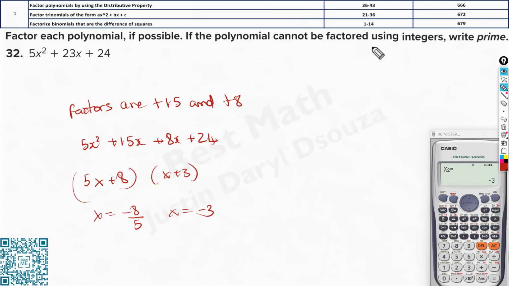So here if you do 5 times 24, that is 120, and over here we have 23. You can get it by 15 and 8. So 15 times 8 is 120. And obviously it should be because we have got it from here, but just double checking. And when you add it up, it's 23. So that is the 32nd question. Now over here, it's better to put these arrows also, okay? This one. So these will be the factors.